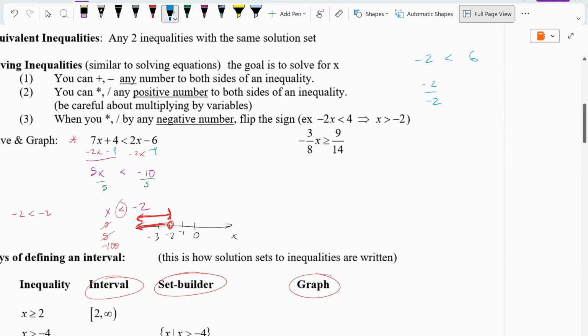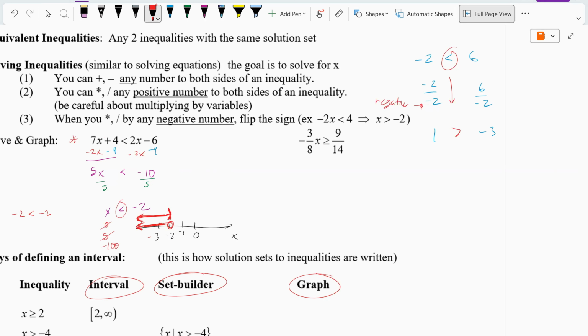Negative 2 divided by negative 2, 6 divided by negative 2. I get 1 and negative 3. Which one's larger? 1 is larger. The new rule is if I divide by a negative, I need to flip the inequality. So that's the only new rule. And you know what? I don't mind if you flip equal signs, if you want to be consistent. All right, any questions about this?